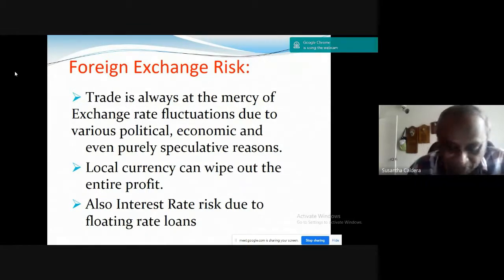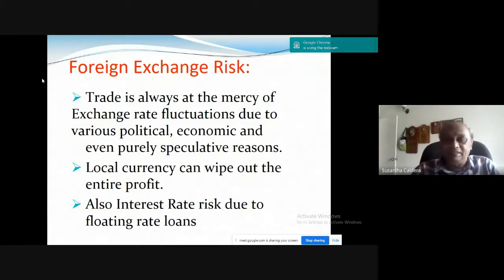Even though the central bank says 204, 205, we know most of the banks are trading at 224, 225. Right? The rates are going up and fluctuating every day. So it's a very, very difficult situation.